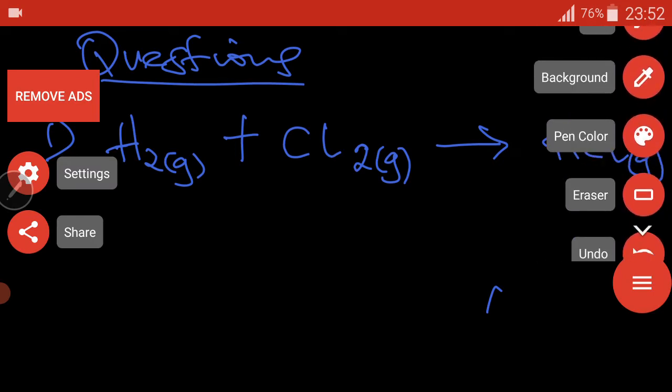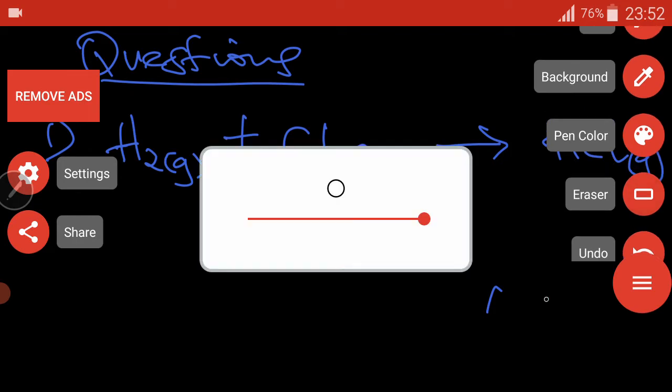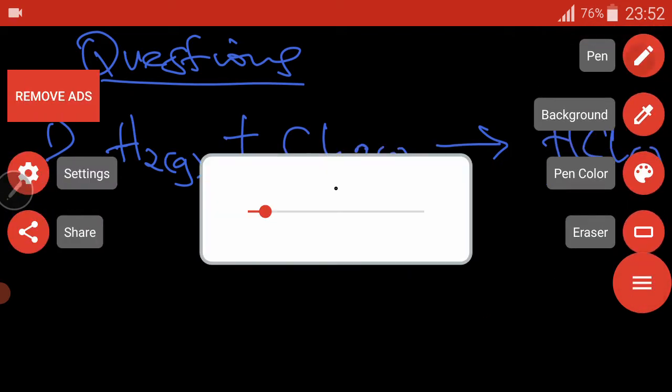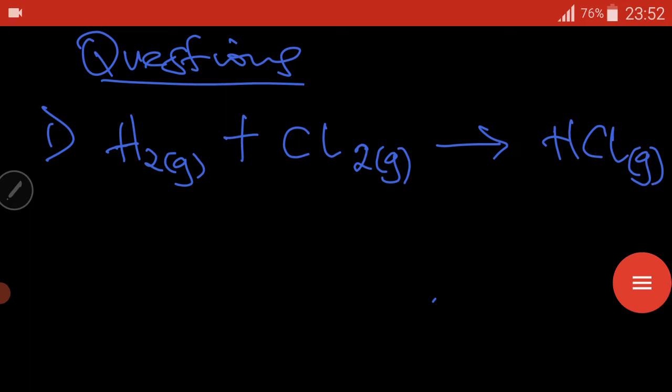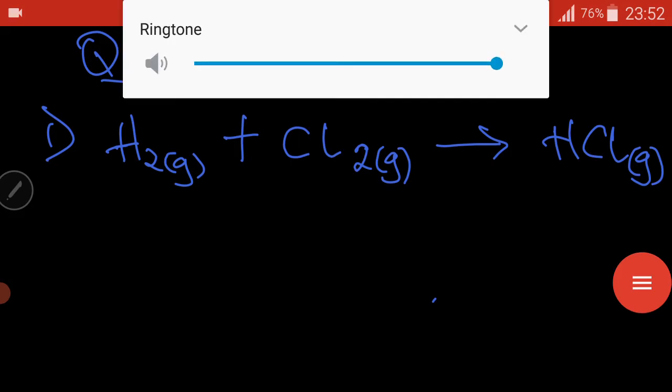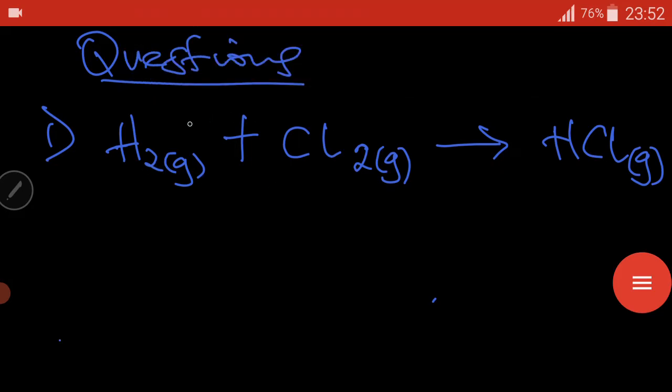When answering our question, we always have to see the number of atoms. This is a reactant, and this is a product. We've got 2 hydrogens on the reactants and 1 hydrogen on the products. So we put a 2 here since we've got 2 hydrogens on the reactants.